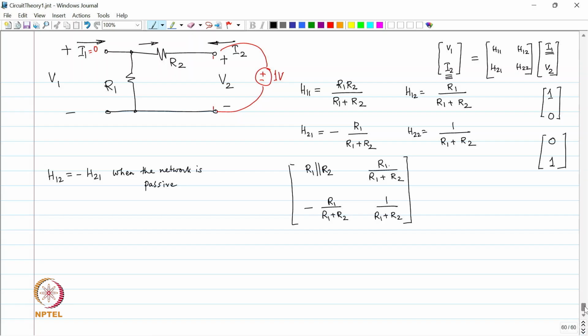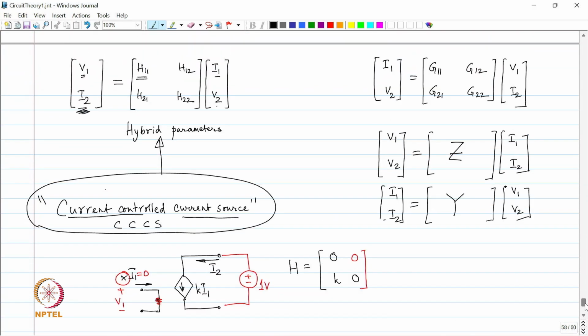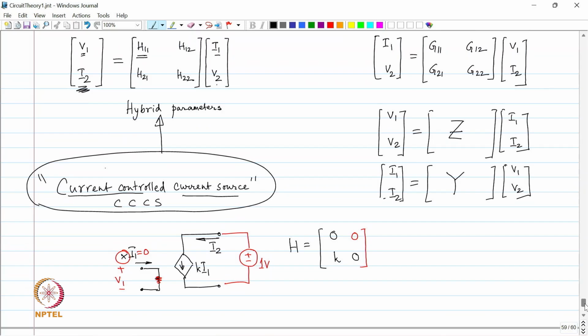For example, we just saw in this case when we were doing the current controlled current source, H12 had nothing to do with H21, right. H12 was 0, H21 was k, all right, and a current controlled current source is not passive. Is it passive? No, it is generating power.